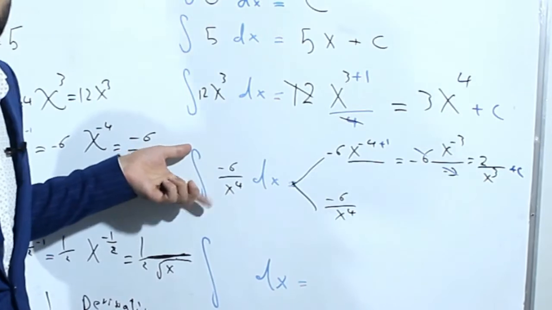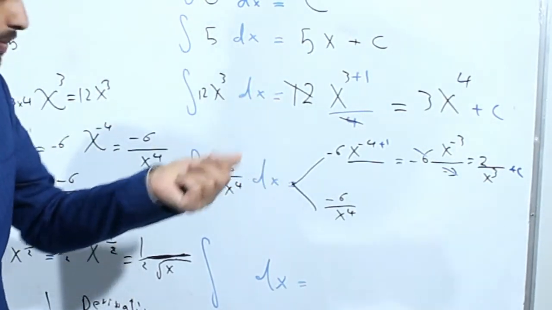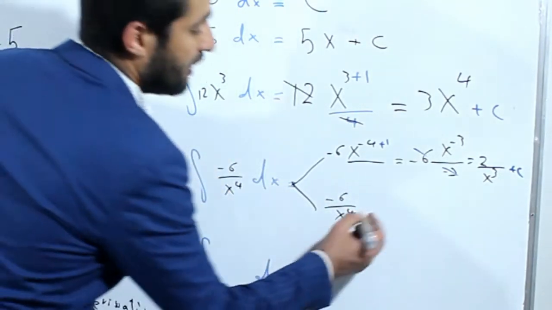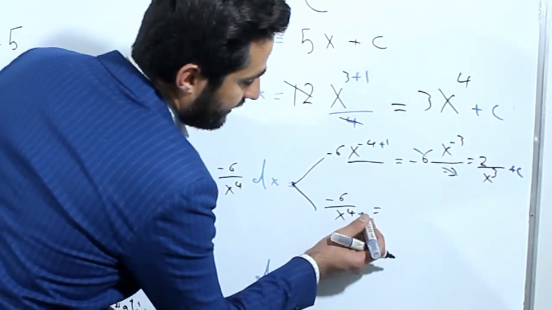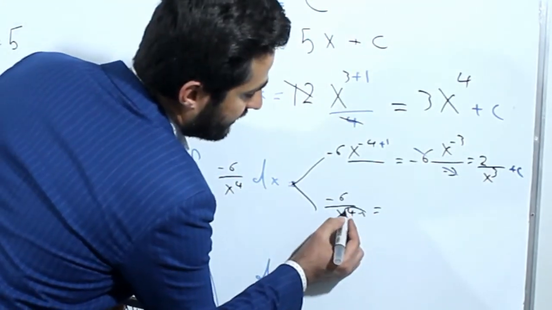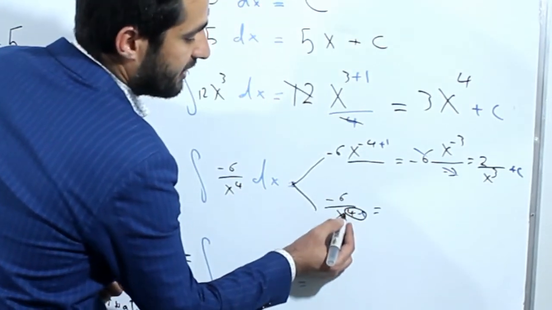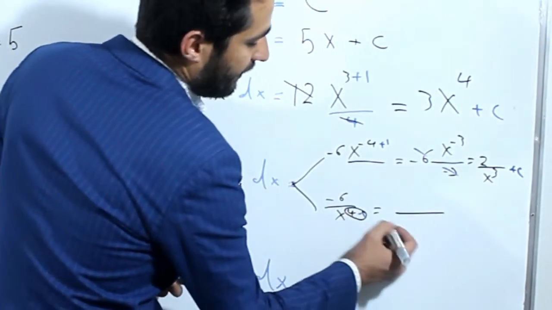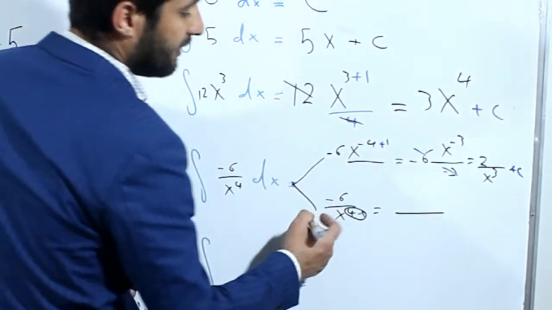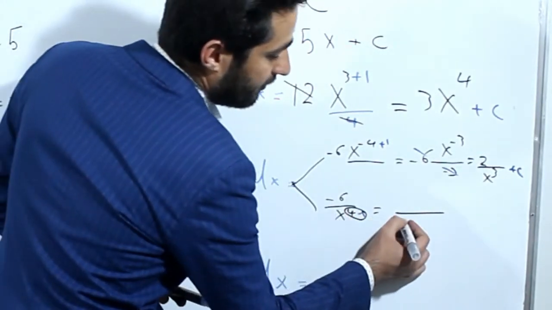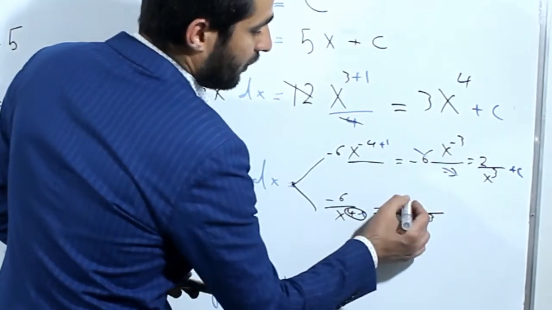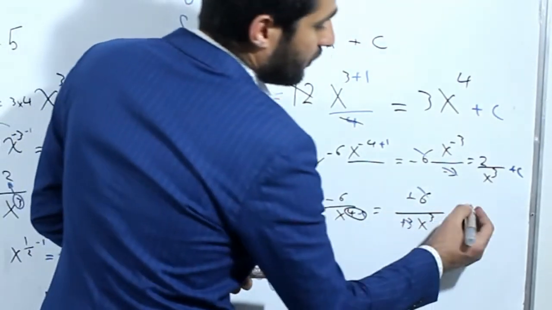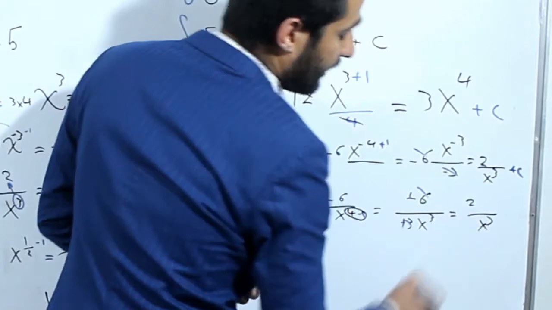Yes, I know this is integral, we have to add 1, but here in the denominator the +1 becomes -1 in the powers, so we can say -1, and then the answer of this power, don't multiply with the 6, multiply with the number in front of x, so it becomes 3. 3 multiply, of course, by -3 by 1, it becomes -3x to the power of 3 over -6. Then minus and minus cancel, 6 divided by 3 is 2, so 2 over x to the power of 3.